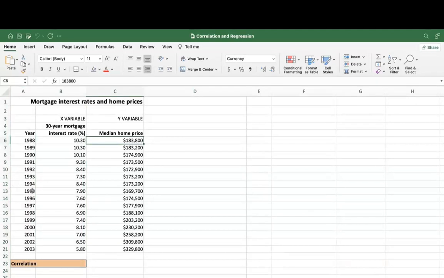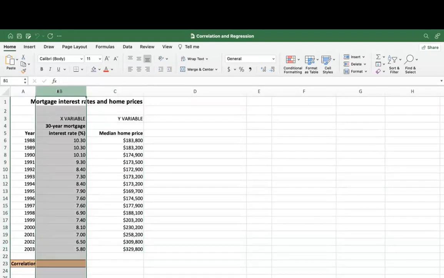And then at another point, let's say 1995, the interest rate was 7.9 and the median price was 169,700. And in 2003, the interest rate was 5.8, and the median price is almost double, 329,800. Okay, and we want to see if there is a correlation between them or not.